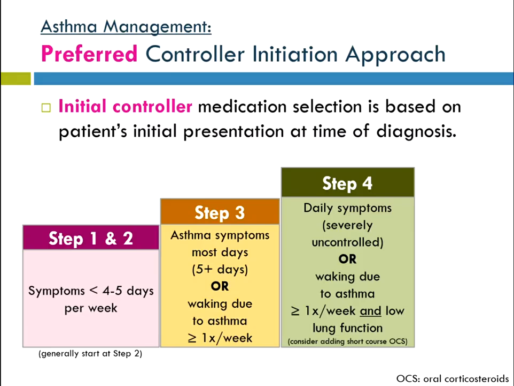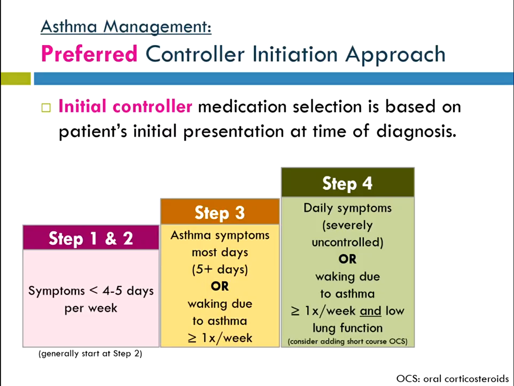Okay? If they're having symptoms daily, or you started with uncontrolled and maybe it was very uncontrolled. It's like, no, I'm waking up every night, I'm having symptoms every day, I can't even walk to the store. Or if they're waking up due to asthma symptoms more than once a week, and they have low lung function, so that FEV1/FVC ratio is very, very decreased.